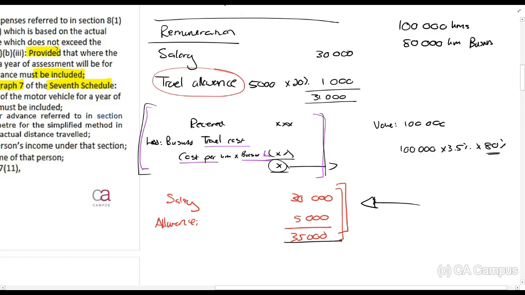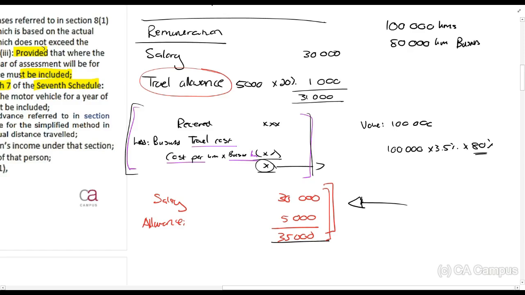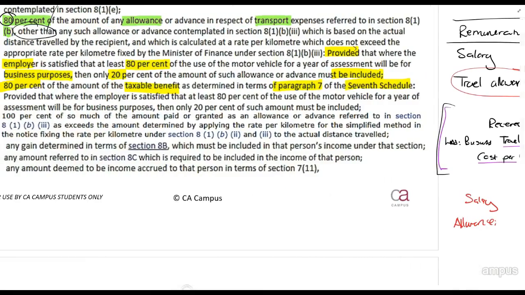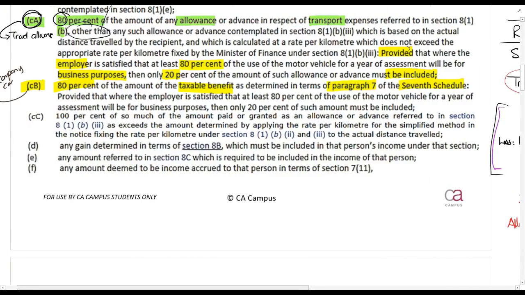That's the amount that gets included for employees' tax purposes. Remember, now when we calculate this, usually there's all sorts of deductions for costs incurred and so forth. You don't do any of that, just 80%. Only if the employee pays for it can that be deducted.